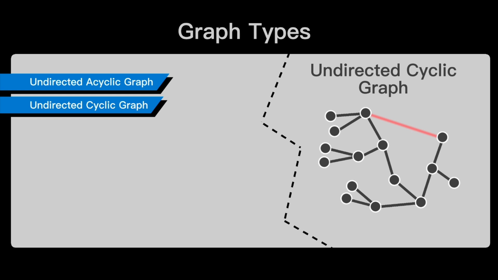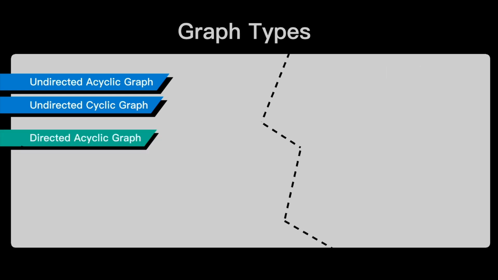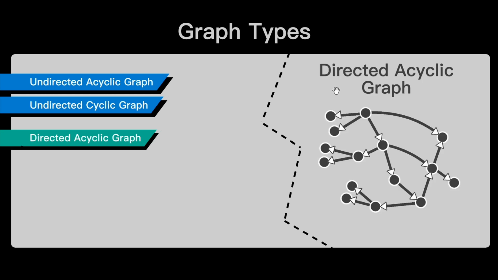Let's go on. The third type is directed acyclic graph. Let's see the example on the right. For the directed keyword, that means right now, between points, there will be direction. For instance, this point can only go to this point, but not the other way around. We have to follow the arrows here to know where one point can go to another.